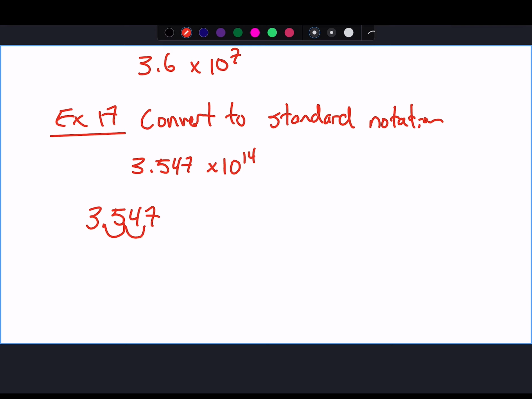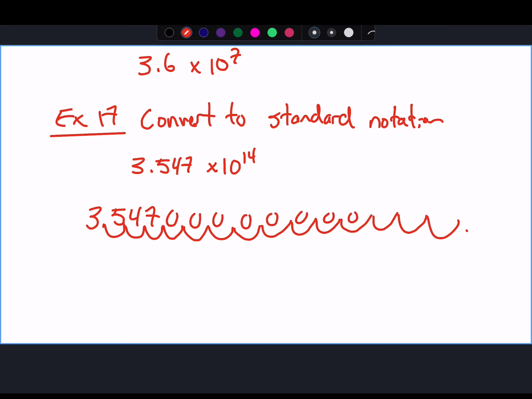So we'll move it 1, 2, 3, 4, 5, 6, 7, 8, 9, 10, 11, 12, 13, and 14. There's our decimal. And we'll fill in with zeros in every space that has a blank. So our final number is 354,700,000,000,000, and our decimal.